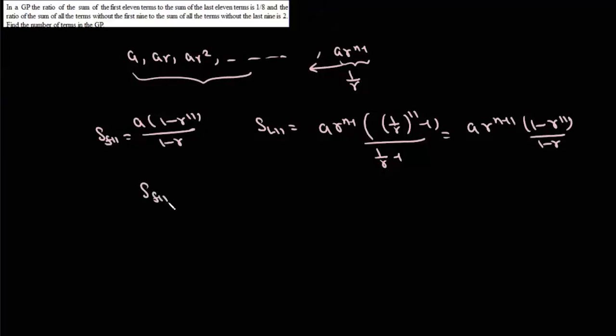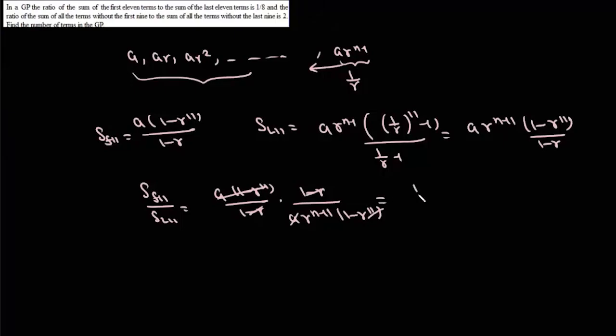So S first 11 upon S last 11 will be A 1 minus r to the power 11 upon 1 minus r into 1 minus r upon A r to the power n minus 11 into 1 minus r to the power 11. Now it will cancel. 1 minus r will also cancel.